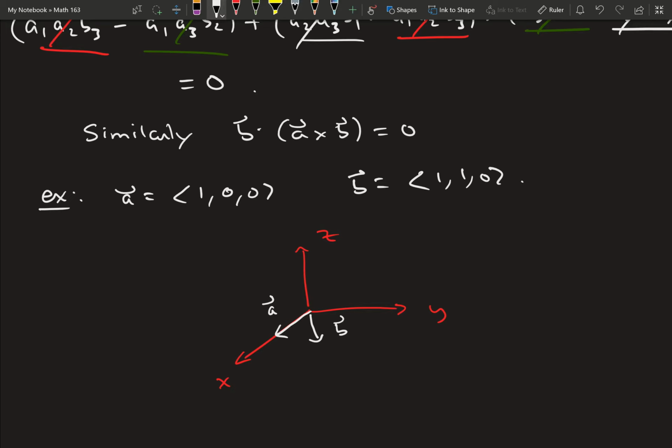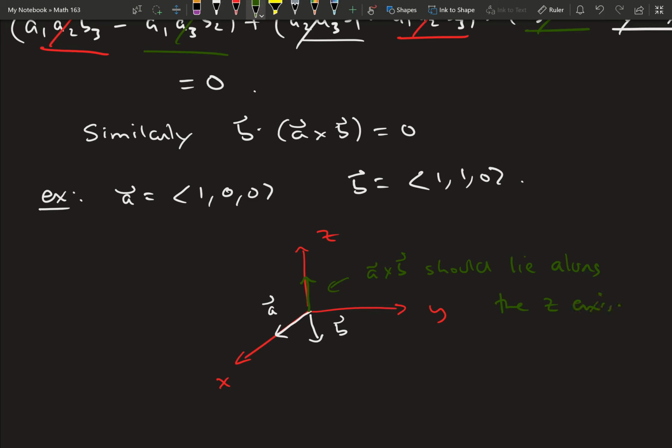So this vector is B. It makes sense that the third vector, the cross product, which I'll denote with a green arrow here, should be somewhere along the positive or the negative z axis, because you can see visually that this vector here, or any multiple of this, so A cross B, should lie along the z-axis.